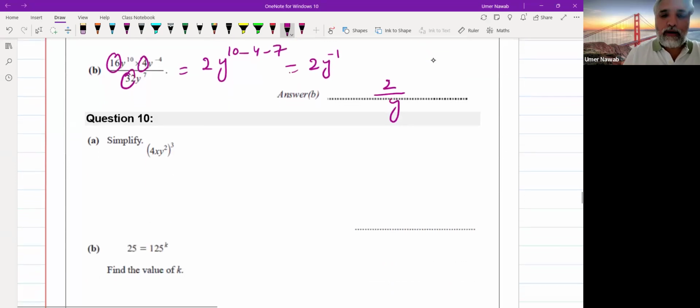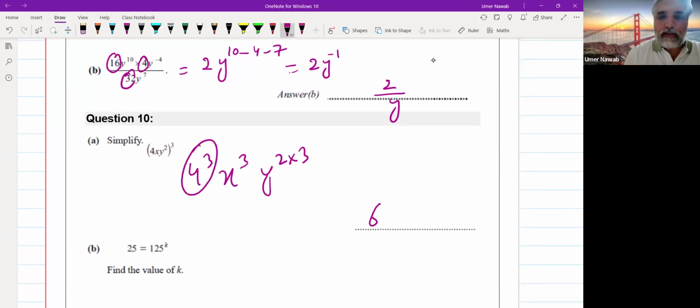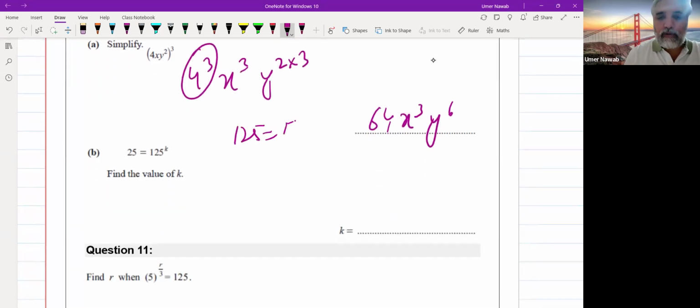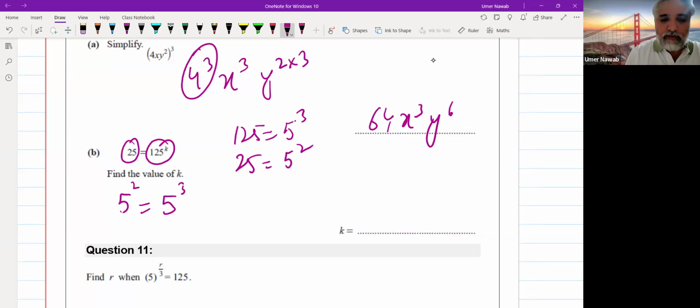Now here I'm going to share 4 power 3, x power 3, and y 2 times 3. This is equal to 64, and x power 3, y power 6. Next, everyone knows 125 is 5 power 3, and 25 can be written as 5 power 2. So 25 here is 5 squared, and 25 to the k is 5 raised to 3k.